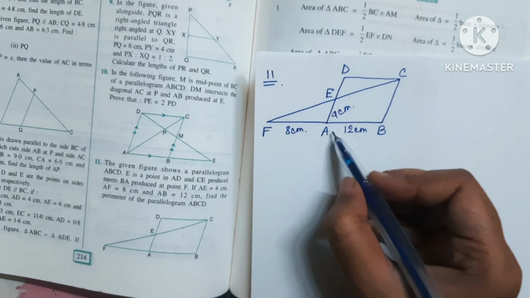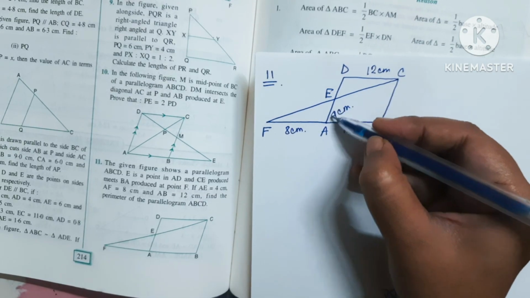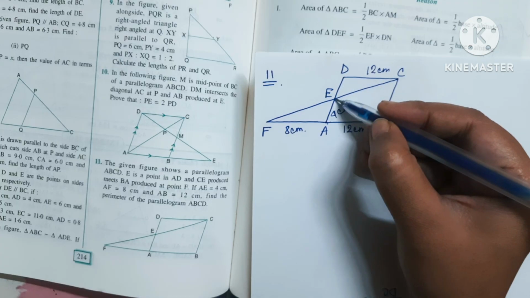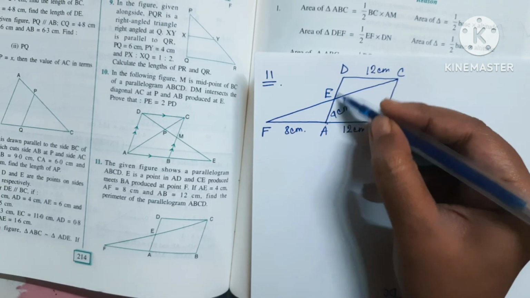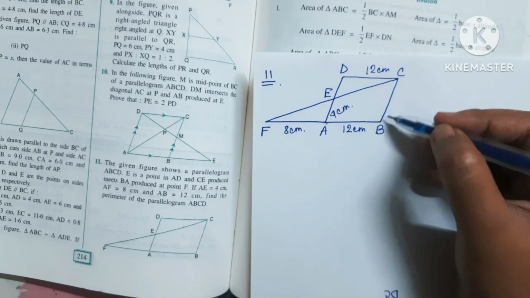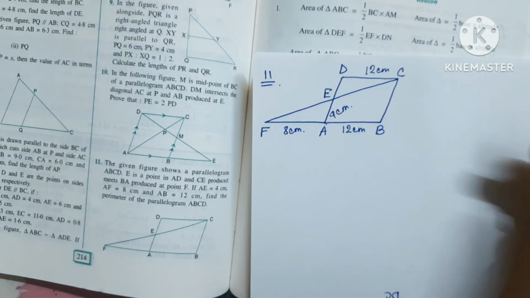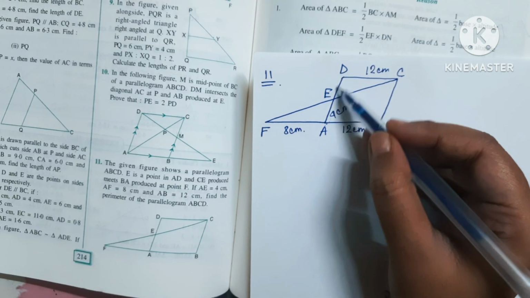Okay, so since AB is 12, that means DC is also 12. Now this AE is given to you, so you have to find out DE. Then you will add that portion to get AD, and AD is equal to BC. So then you just add these things, you will get the perimeter. So first thing is you have to find out length of DE.